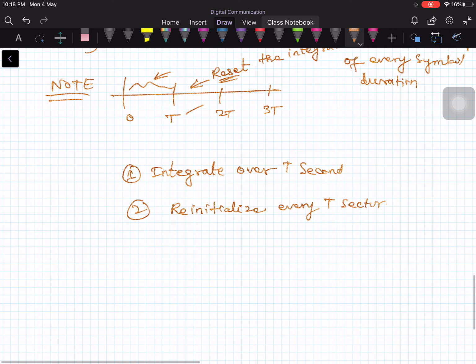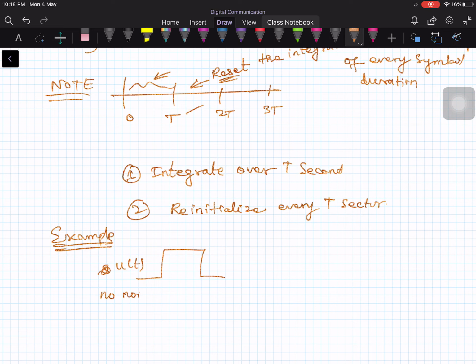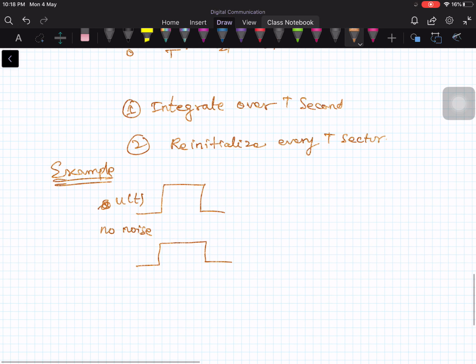So you start from 0 in the starting of the next bit interval. Now suppose I have a rectangular pulse like this. Let me take an example. Let's say this is my received signal u of t. Let us assume no noise. Now the replica of the signal is also generated here.